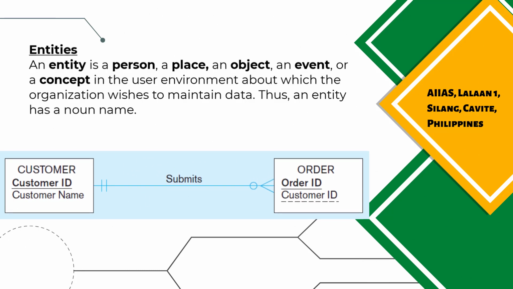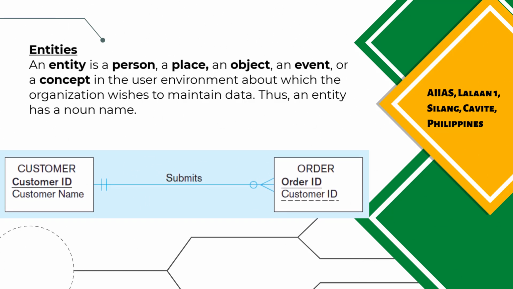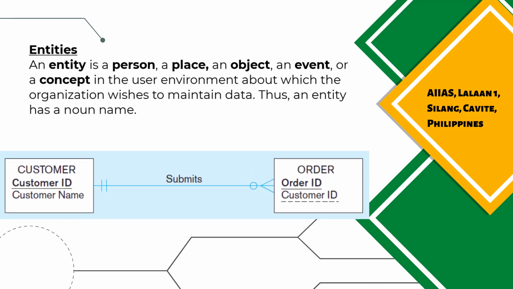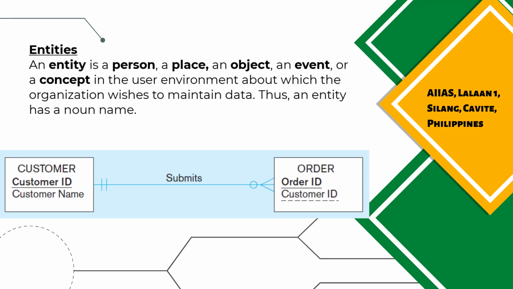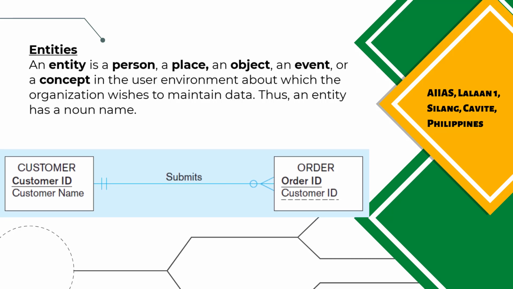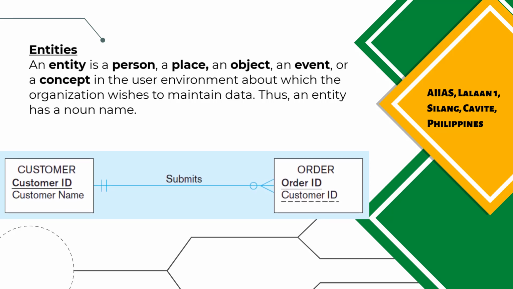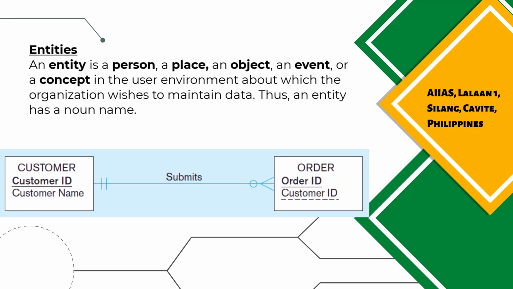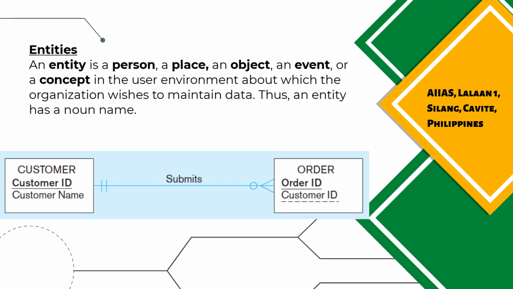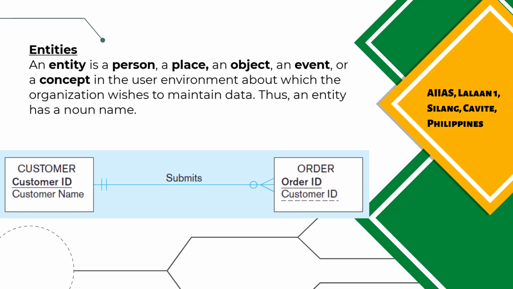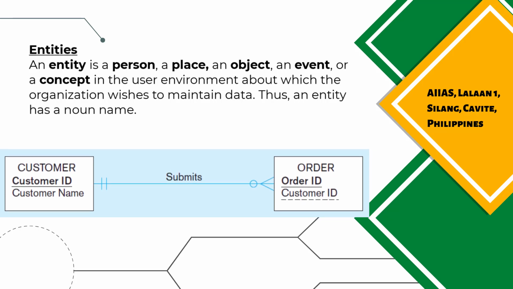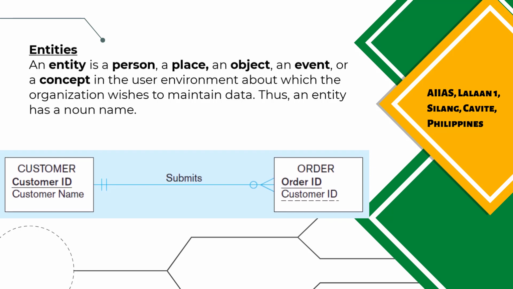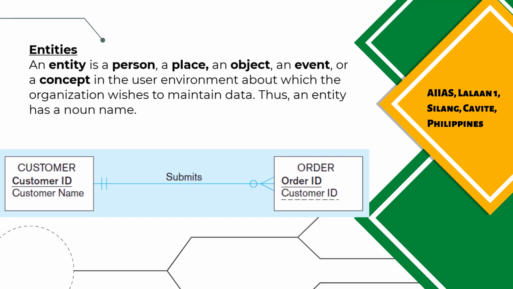Entities. An entity is a person, a place, an object, an event, or even a concept in the user environment about which the organization wishes to maintain data. Thus, an entity has a noun name. If you look at this sample diagram, you will see customer and order. These are entities.